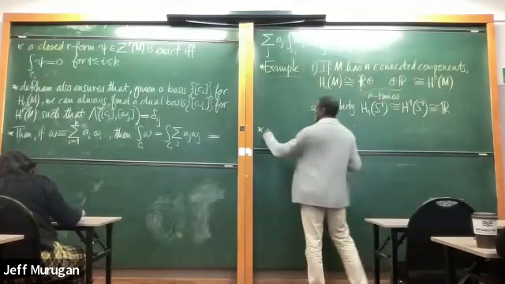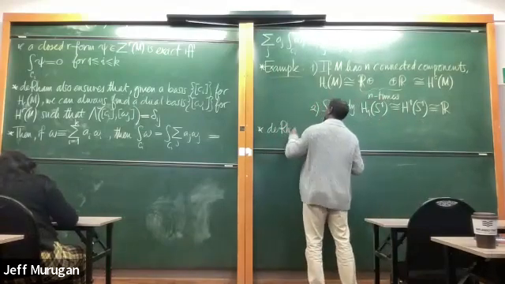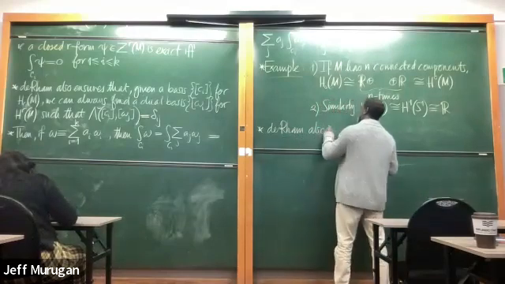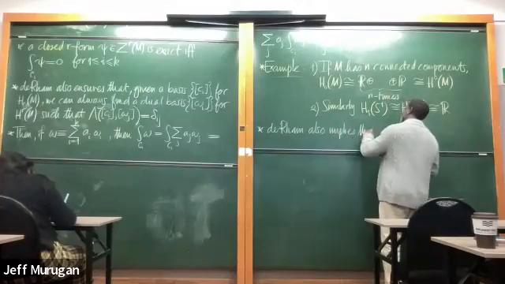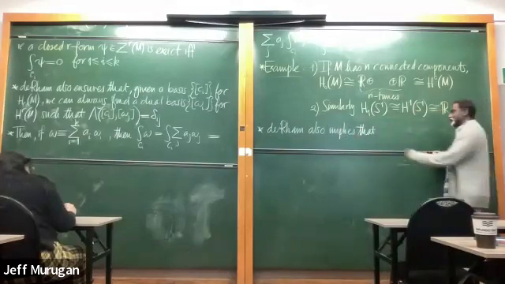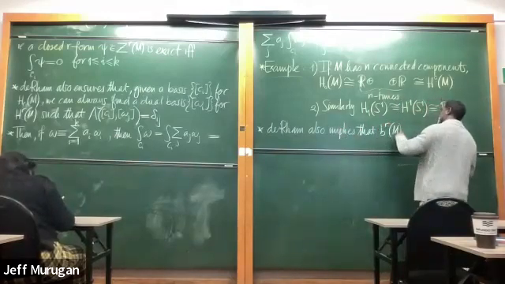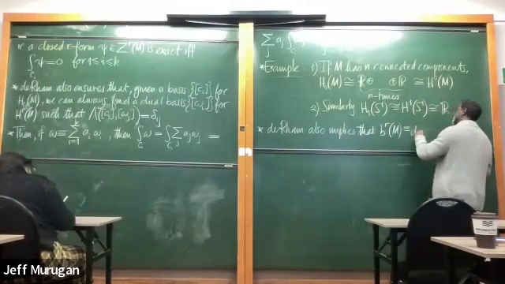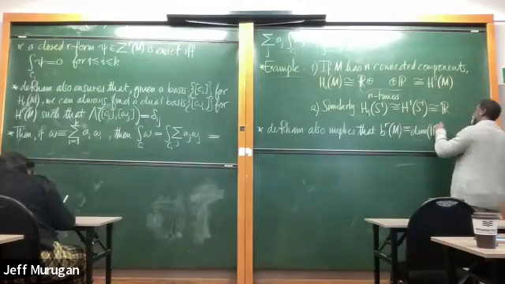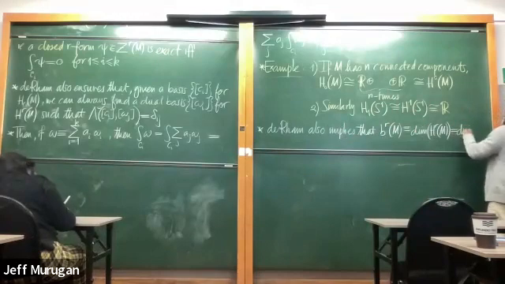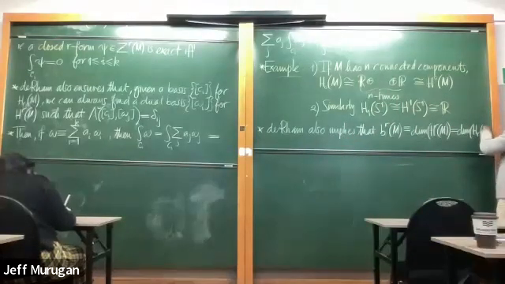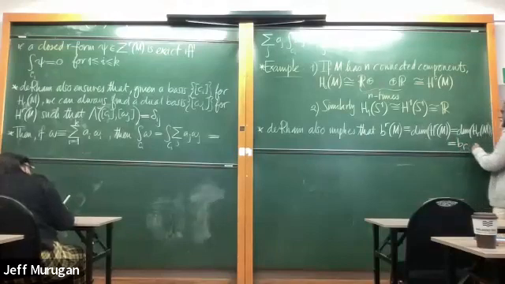So duality also implies that the dimension of the r-th cohomology of M, which I'm defining in analogy, by duality is the dimension of H sub r, which is the r-th Betti number.